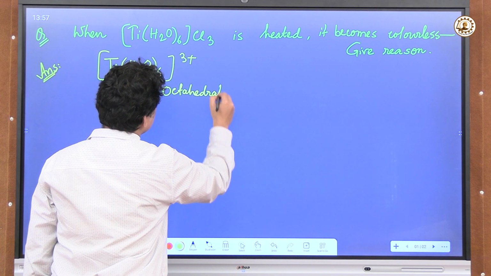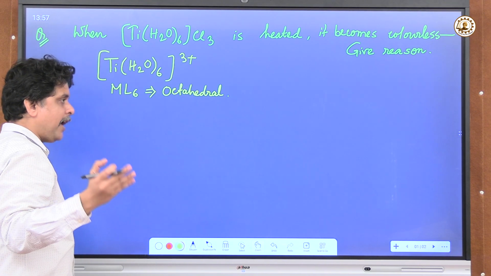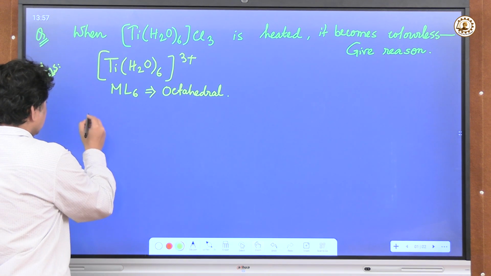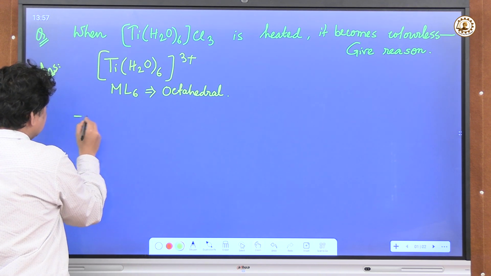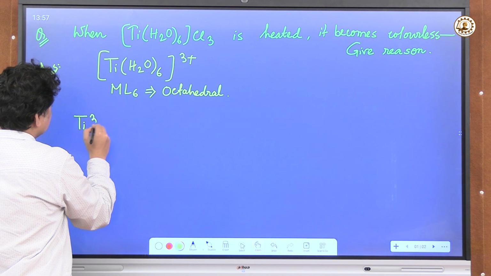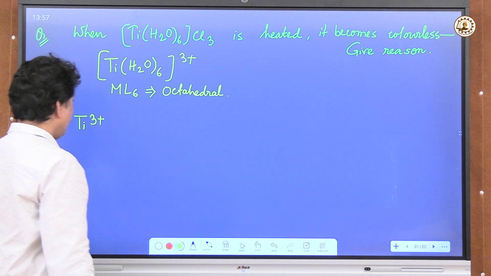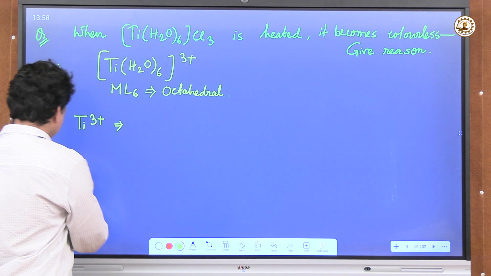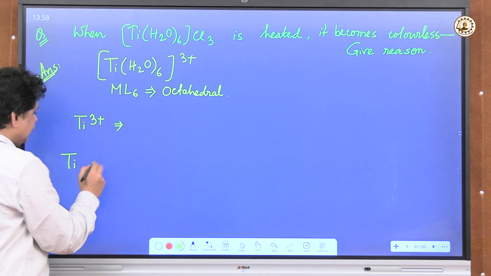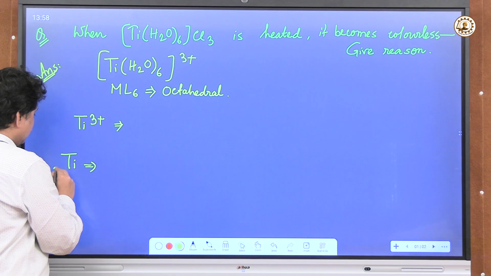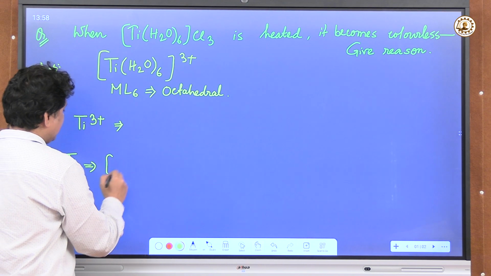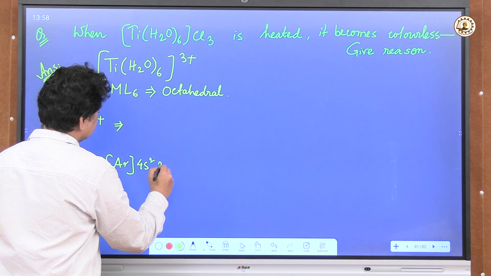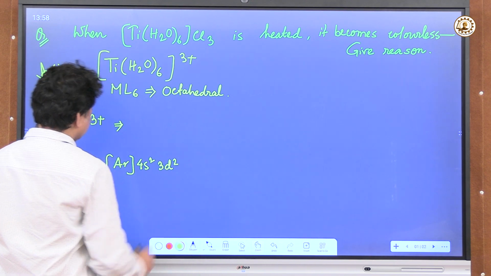Now in the first place, why is the complex colored, why is it violet in color? This is the first thing. So here the central metal is Ti3+. What is the electronic configuration of Ti3+? We know titanium, Ti, has atomic number 22, so [Ar] 4s2 3d2.